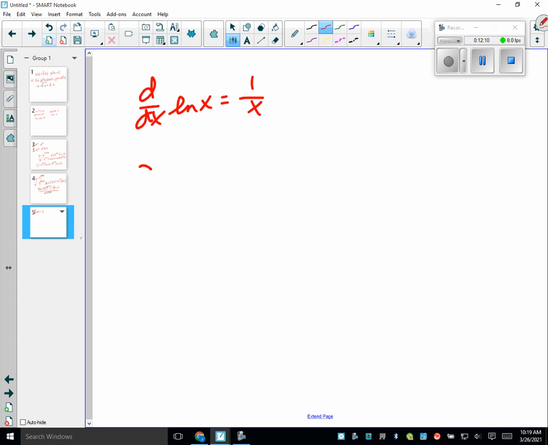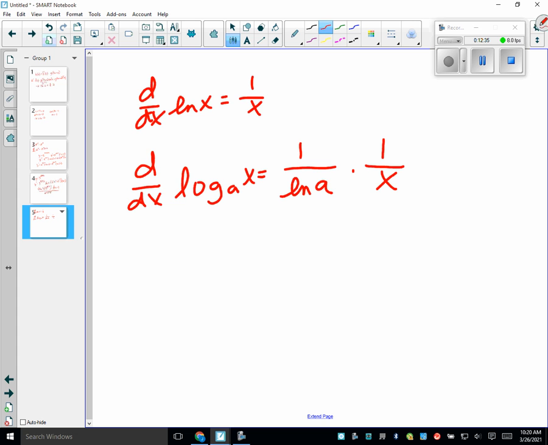What is the derivative of log base a of x? Ln of a times 1 over x? Yes, 1 over ln a times 1 over x. And then, of course, dx if you need it.